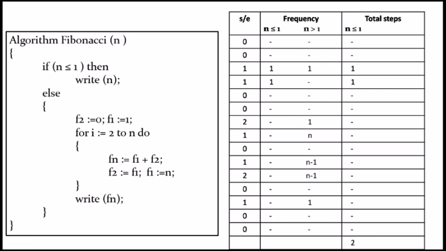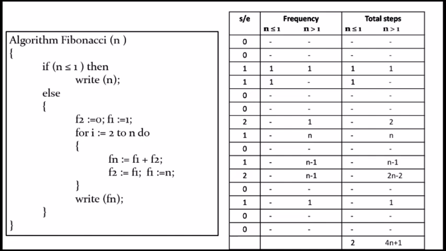Now we will calculate total steps, that is by multiplying s/e into frequency. So this is for n greater than 1. So the third line, that is 1 into 1, it will be 1. Next, 2 into 1, that is for f2 equal to 0 and f1 equal to 1.